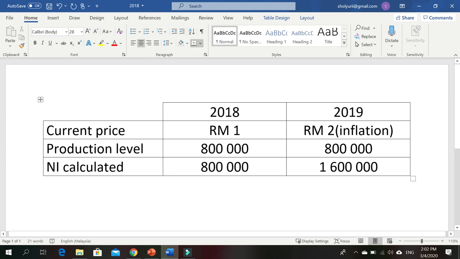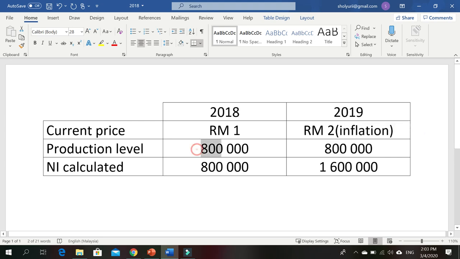Why? Because kita meningkat ni 1,600,000. Padahal tak. Kenapa kita dapat peningkatan? It's just because of the inflation, because of the price of the product increases. Not because we are performing well in terms of the production. Production level kita tak meningkat pun. Still, our production level is 800,000.